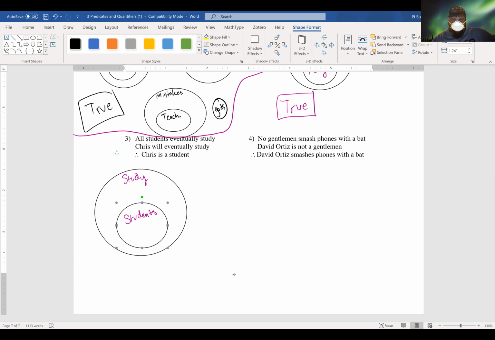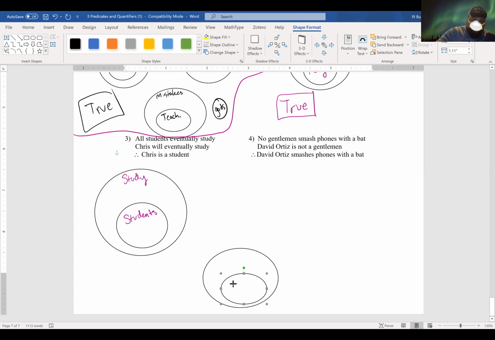Now, you might make the assumption immediately when they say someone's name that they are a student. But does this person, Chris, have to be a student? Nope. He doesn't. So there's actually two options here. There's one where Chris studies, right? Because it tells us he will study, but he's outside of the students. He just walked in off the street and decided to study physics or mathematics.